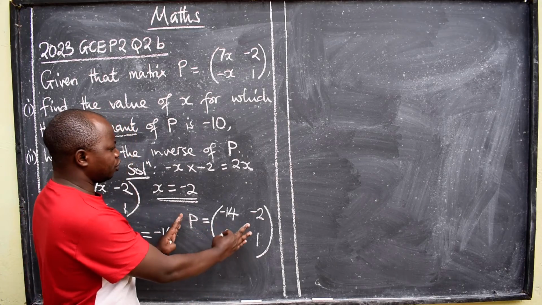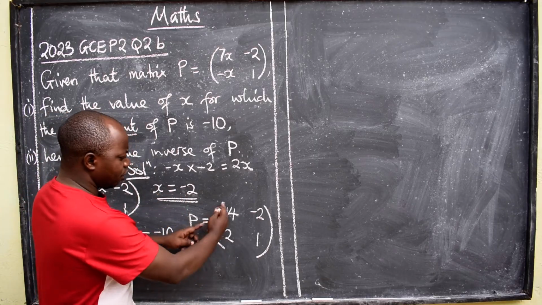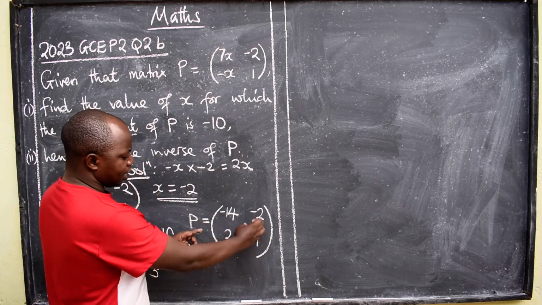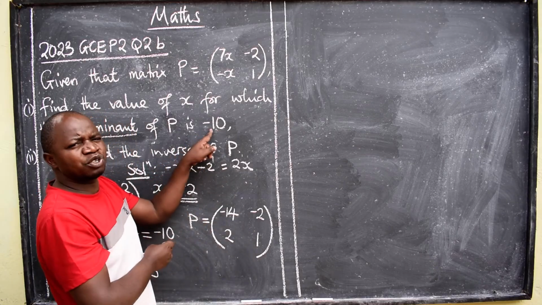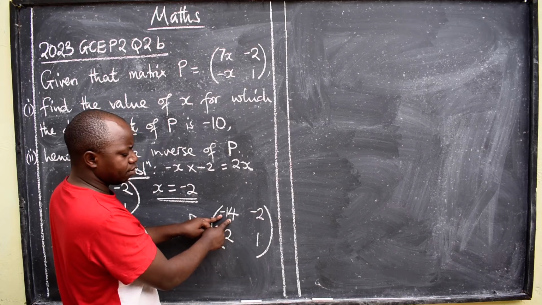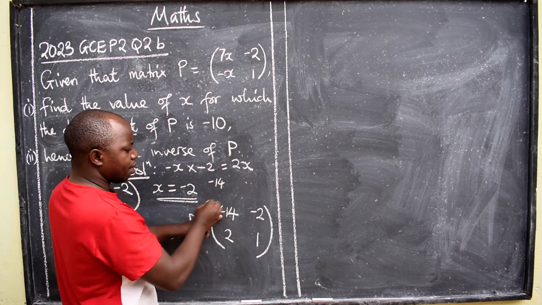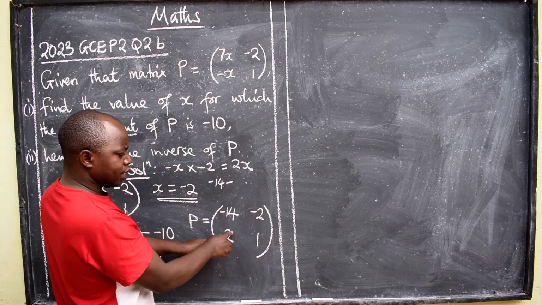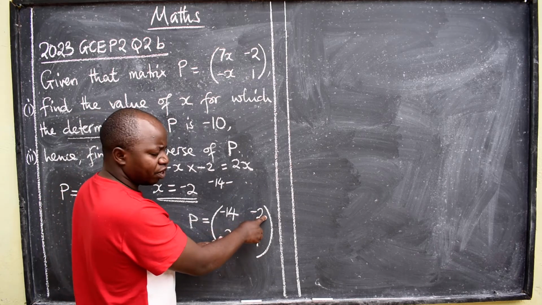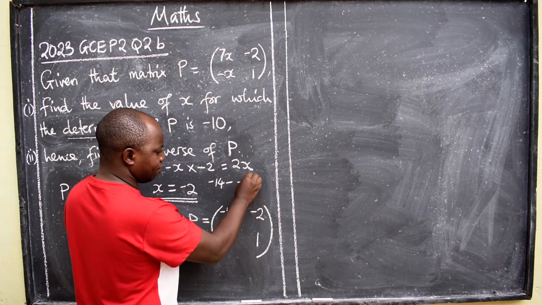If you want to be sure of the value of x that you have calculated, you can still find the determinant and see if it will give you negative 10. So you can say negative 14 times 1, it will be negative 14. Minus 2 times negative 2. This will give you negative 4. So we have negative 4 like this.